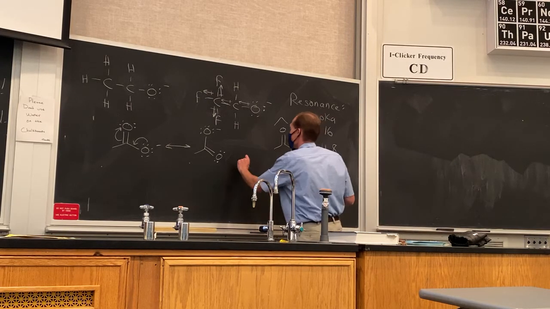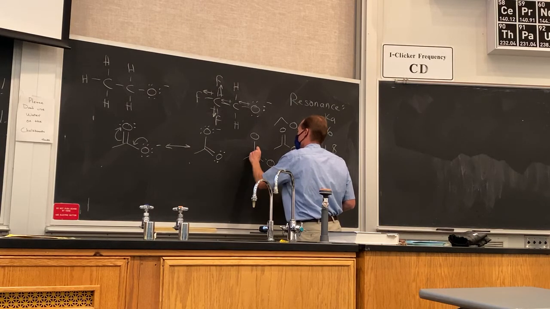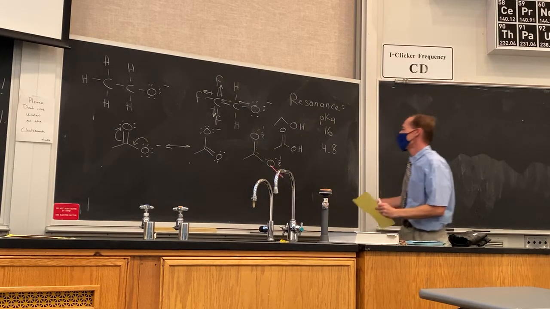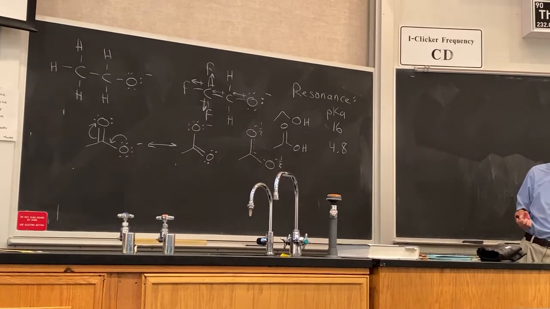So we can draw the hybrid structure. It'll look like this. It'll have minus 1/2 charges on each of those oxygens. And so we have a significant resonance stabilization of that anion. Question?